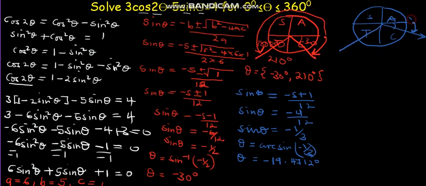So we shall move from here going towards this side, and we shall have 180 plus 19.4712, and theta will be equal to 199.4712 in degrees. Therefore at that point theta will be equal to negative 19.4712.